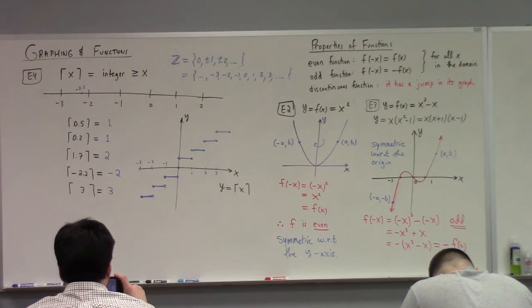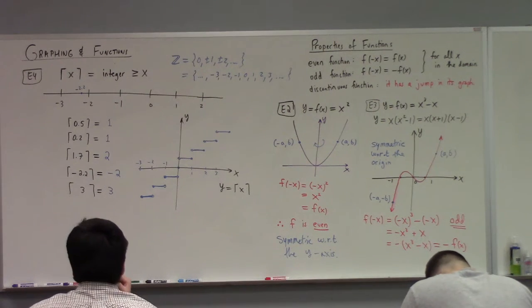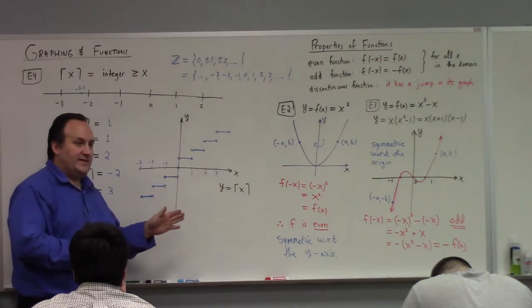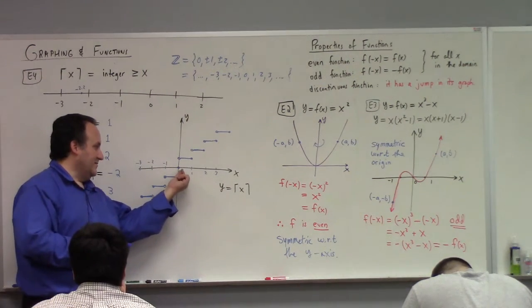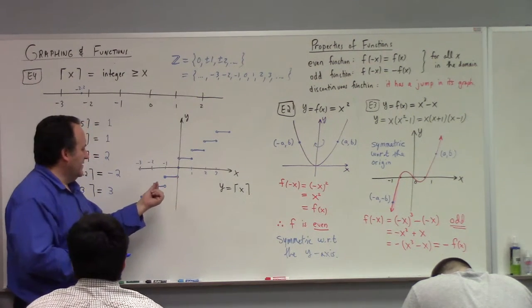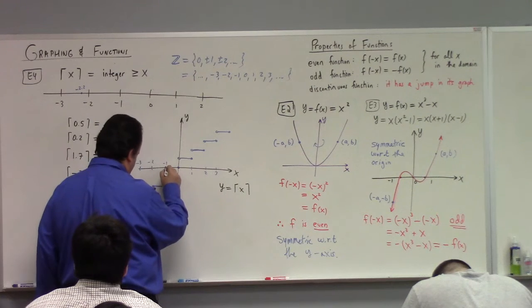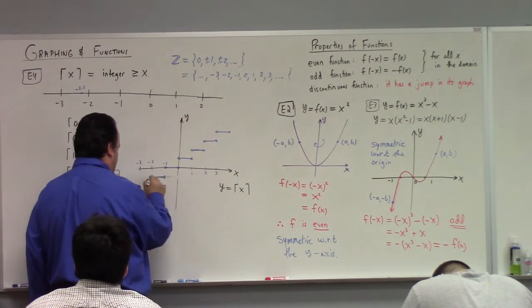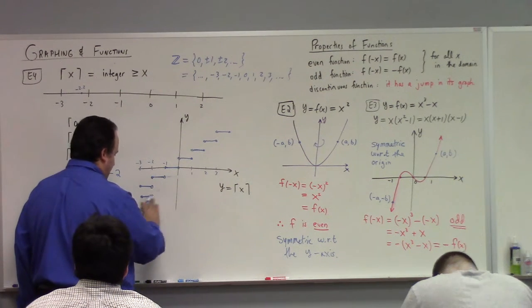So if you're looking for an example of a function with discontinuities, this is your guy, right? It's got tons and tons of discontinuities. There's a discontinuity at every integer. See that? We jump from, wait a minute, what happened there? Oh man, what did I do? Sorry, let me fix this. I got off track, guys. There we go.